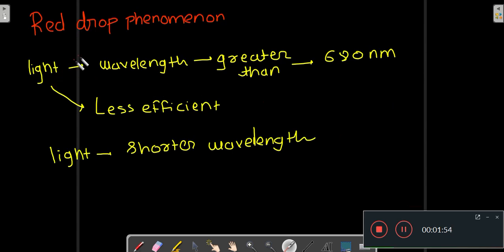So from the red drop phenomenon we conclude that light whose wavelength is greater than 680 nanometer is less efficient for photosynthesis as compared to light which has a shorter wavelength.